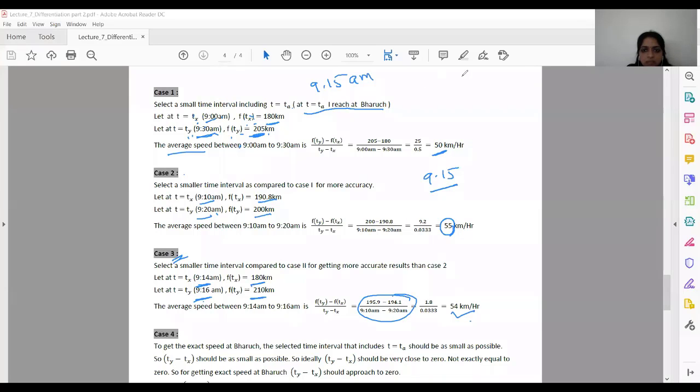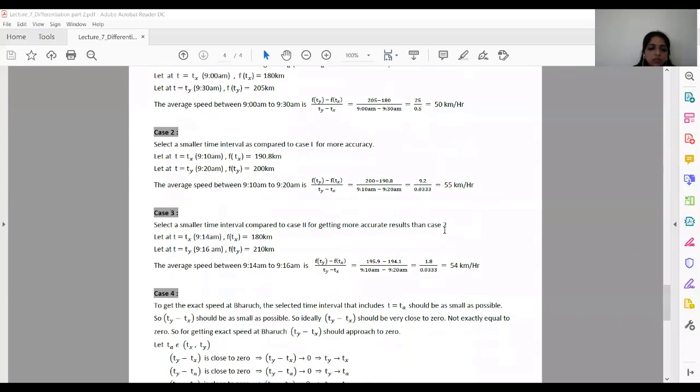Through this case, we can say that to get the exit speed at Bharuch, the selected time interval that includes t equal to Ta should be as small as possible.